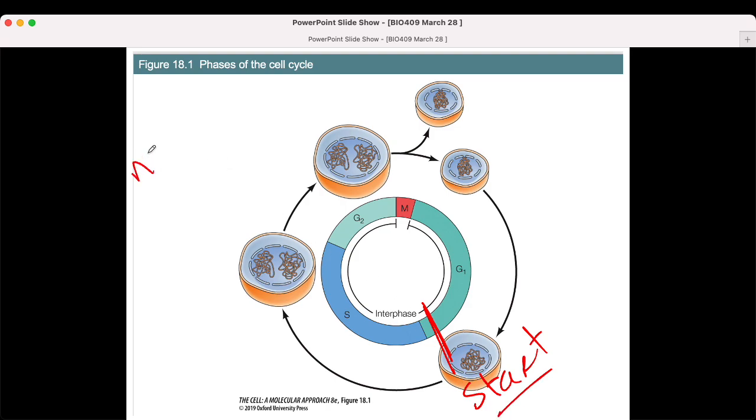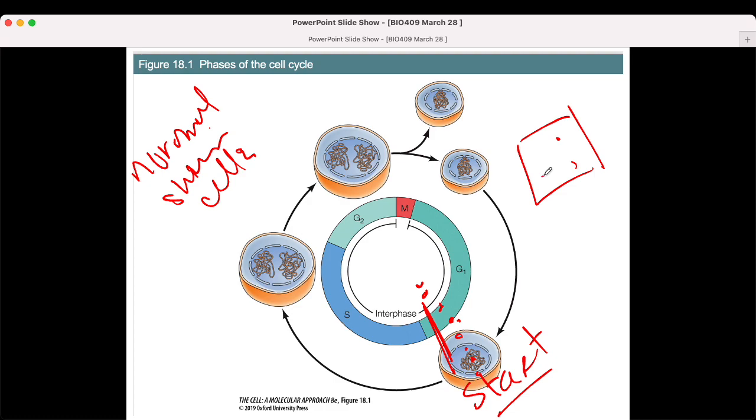And if we just looked at normal skin cells, most of them are at start. So each of these dots is a skin cell, just in your arm. If you looked at a patch of your skin cells under a microscope, most of them would be waiting at start.